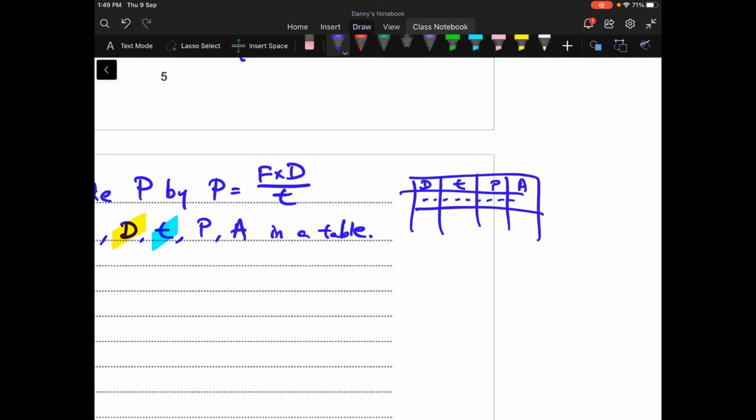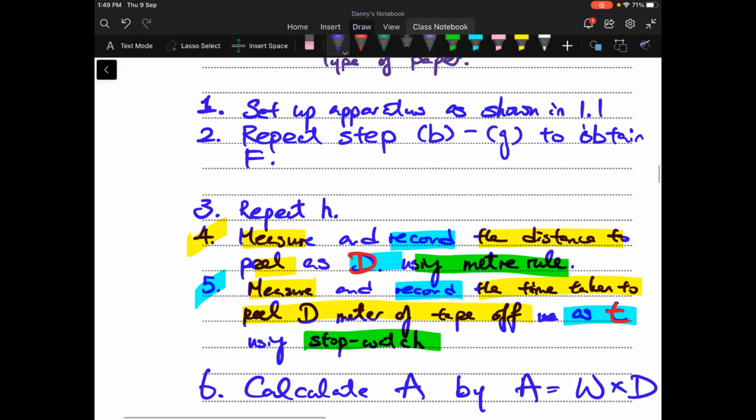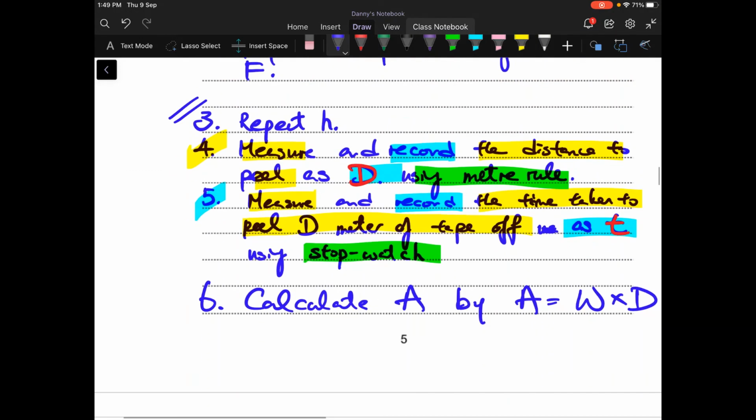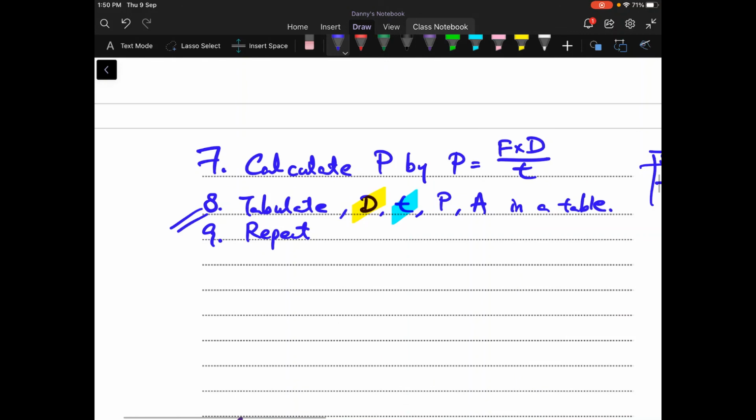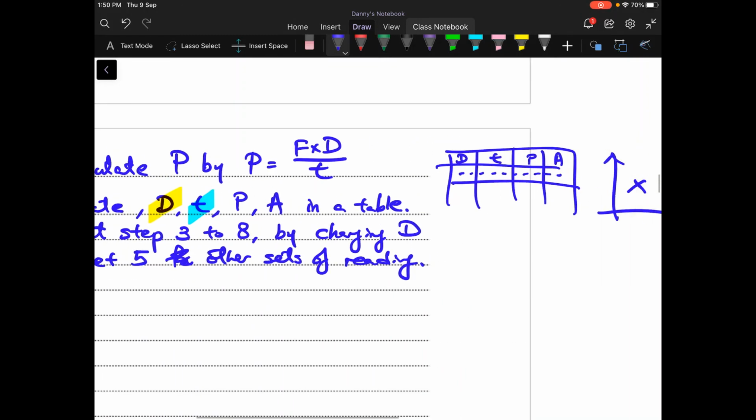So once after this, what I have done here is that, I already have something like this, D, T, P, A, right? But so far, I only have one reading, and I cannot have one reading to plot a graph. So meaning I need to have another step. I need to repeat step number 3 to 8 by changing D to get 5 other sets of reading, right?